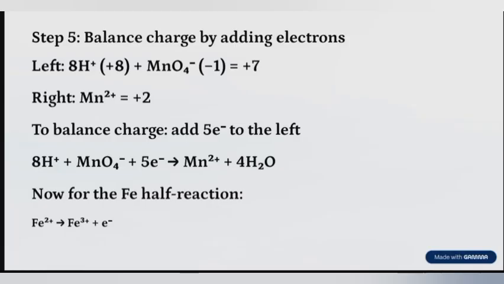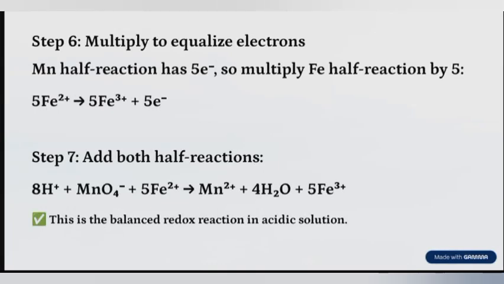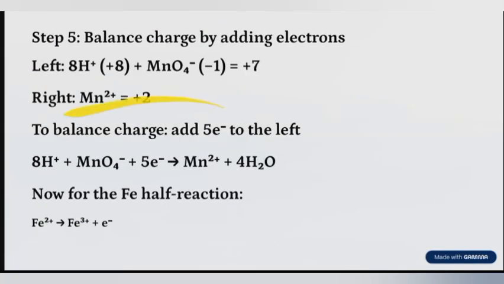Then check the oxidation number and the charge, and balance the charge of both sides by adding electrons. Then do the same thing to the other end. Once you've done that, you go to equalizing the electrons. This phase here is the place I think is getting people confused.